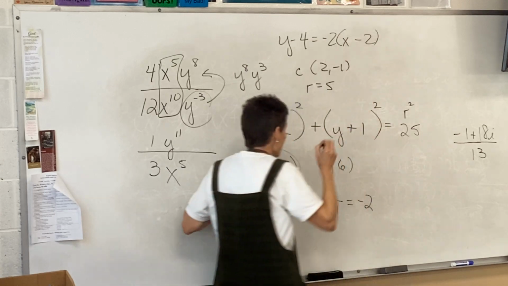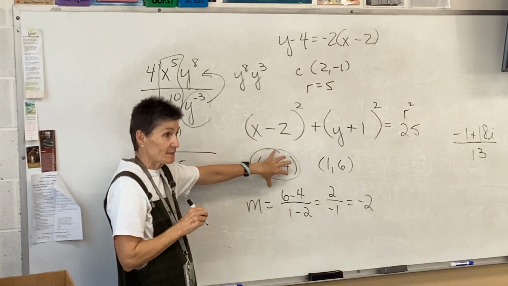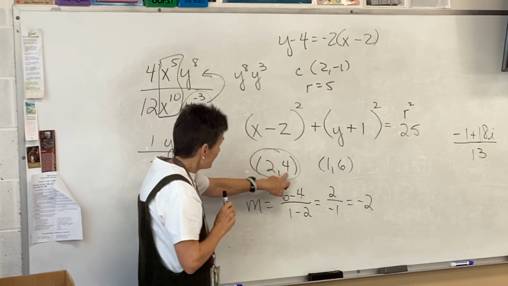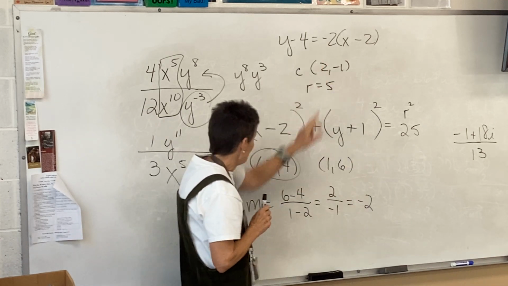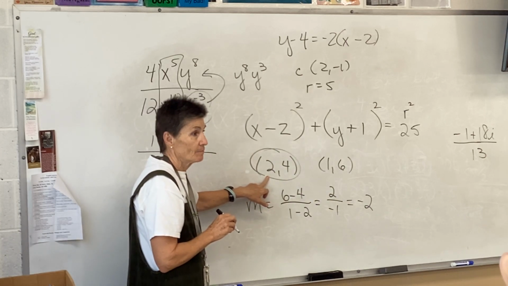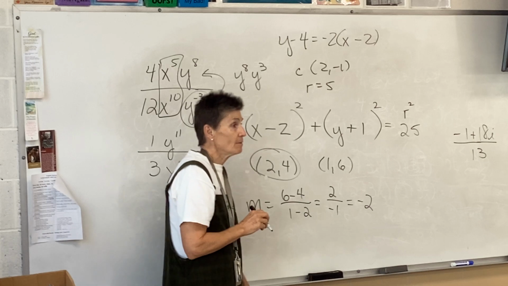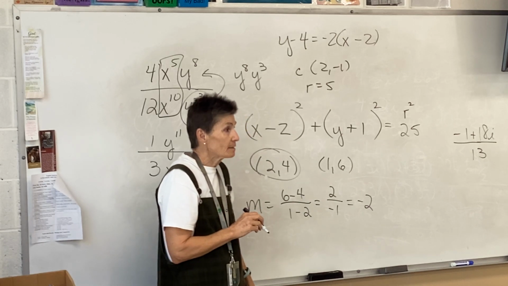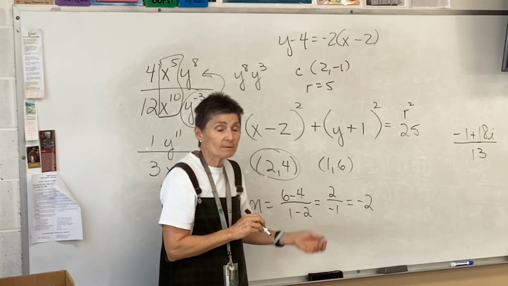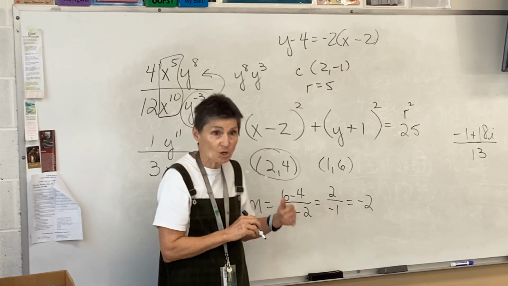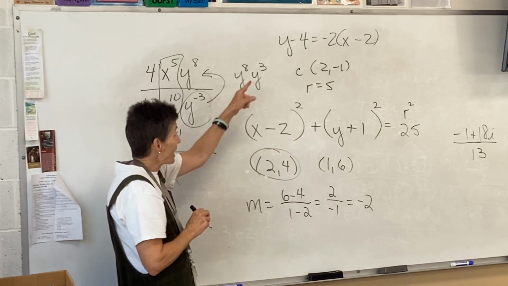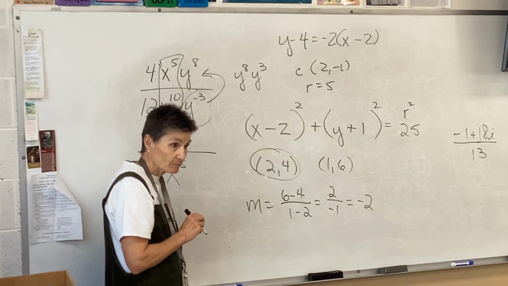Okay, so Jane picked the point, she picked this one. So y minus 4 equals -2(x minus 2), perfect. Can I stop there? Yes, I can. Now, if you want to go on, go ahead, but don't make any mistakes, because that's good enough right there.